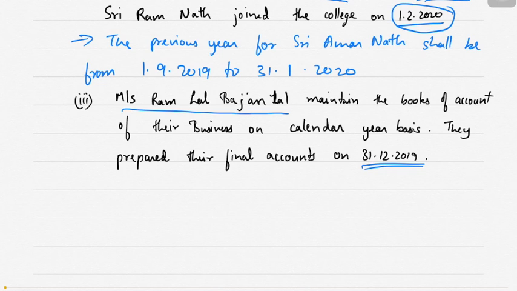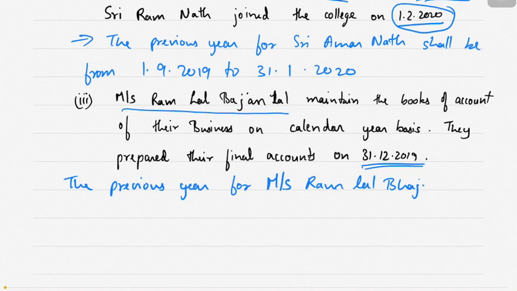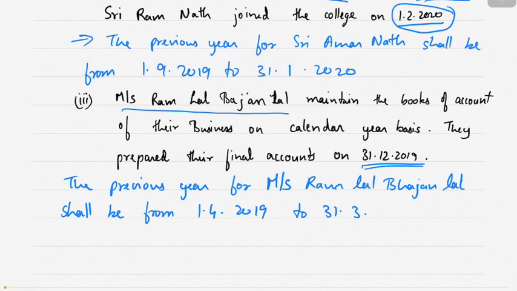So the previous year for Messrs. Ramlal Bhajanlal shall be from 1st April 2019 to 31st March 2020. Okay.